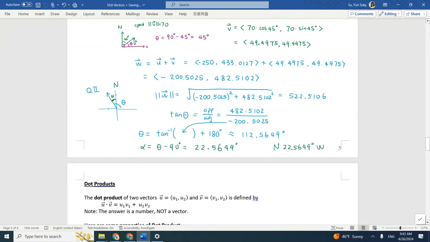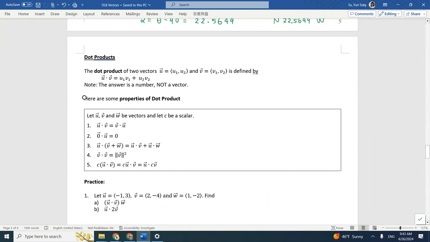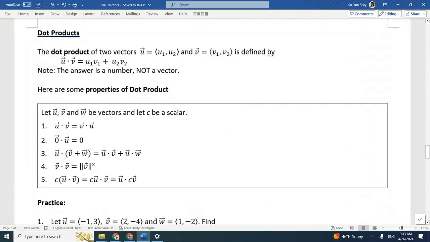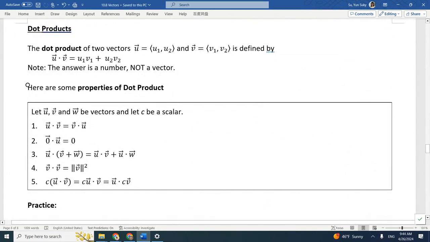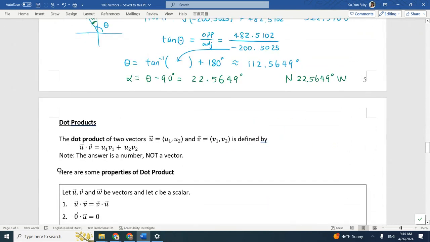Okay. Next topic, dot product. All right. So we have two vectors, u and v. The dot product is a number.